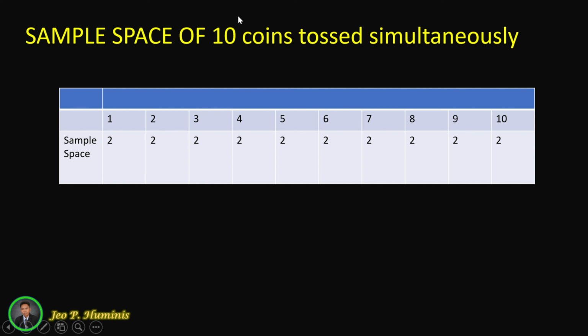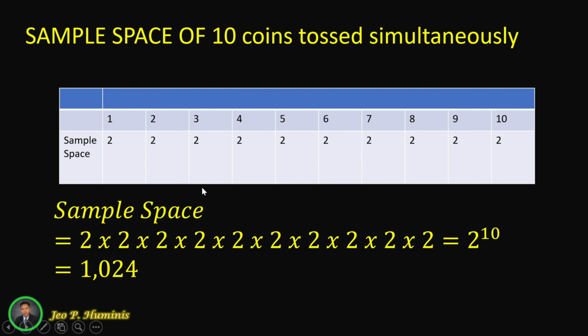That means we're going to toss 10 coins simultaneously, meaning at the same time. So we have 10 coins, and the sample space of each coin is 2, since it has only head and tail. So all you have to do is multiply them. So 2 times 2 all the way to 10 is equal to 2 raised to 10, and it's equal to 1024.